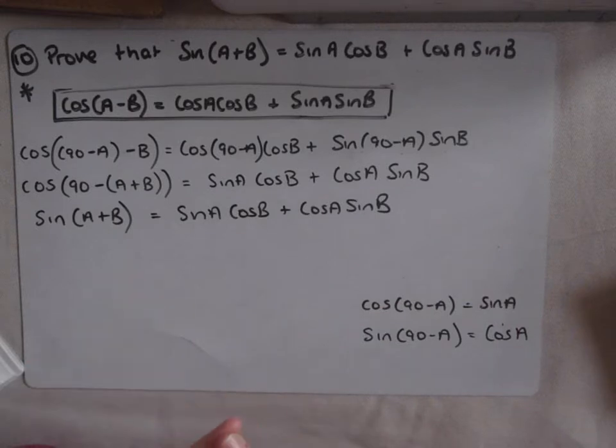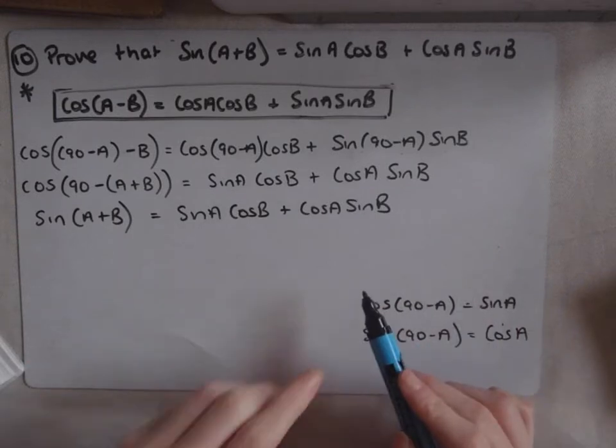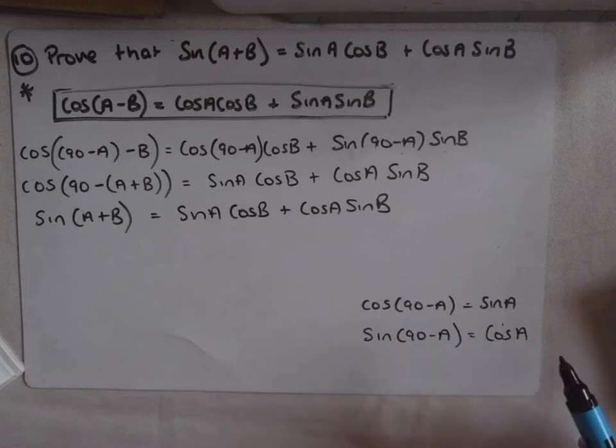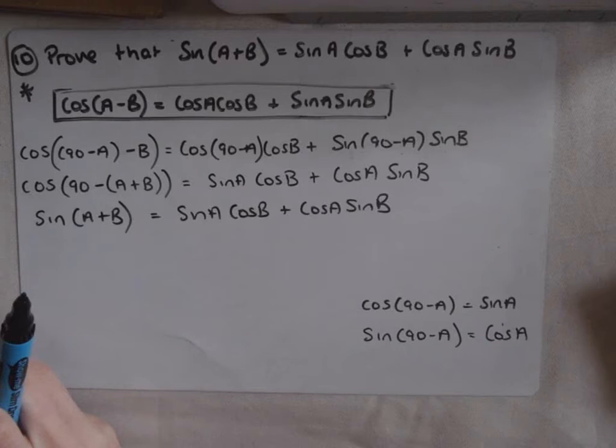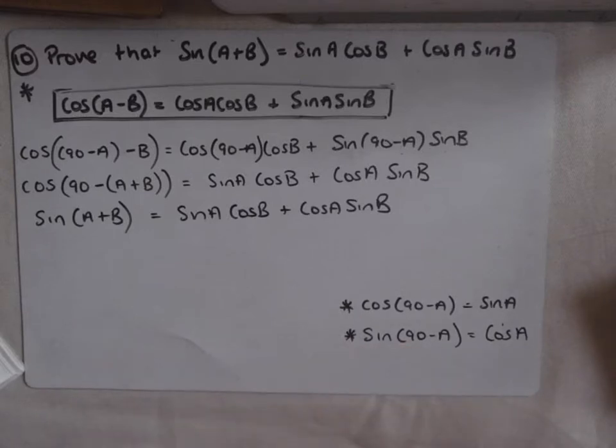Few things you need to remember is you're replacing A with 90 minus A, and then you go to your log tables and you use these. Oh no, they're not in your log tables actually, they're the ones you need to learn. Okay, so learn. So that's a mandatory proof.